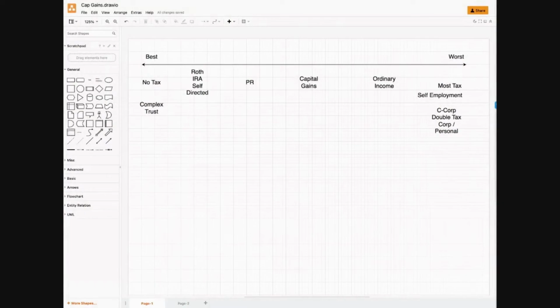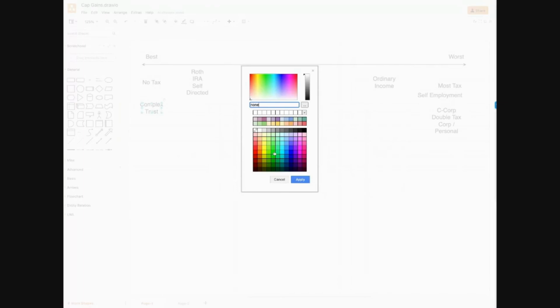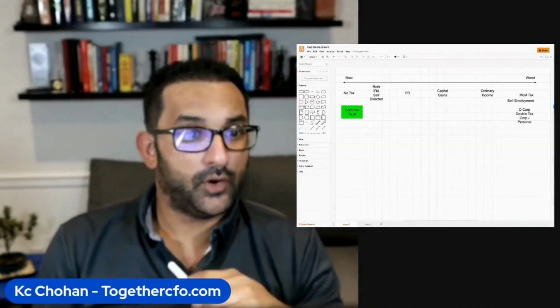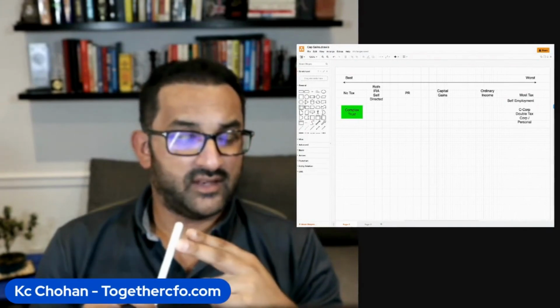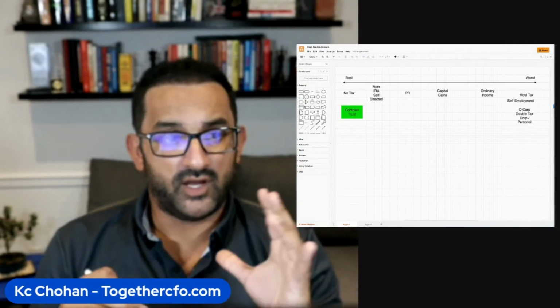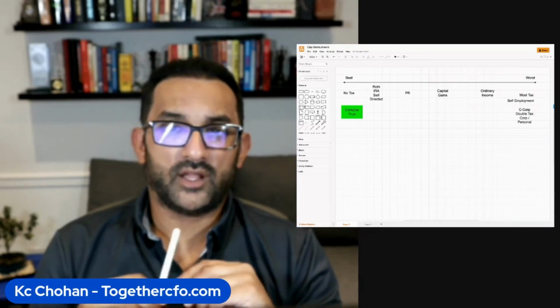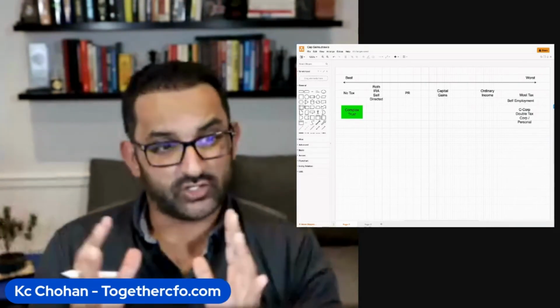There's many different ways in which you can get your taxes down, but with this complex trust, or a good complex trust, when you operate it correctly, that's going to give you the best win, where you can totally mitigate your taxes without having to relocate to Puerto Rico, without having to get a self-directed IRA and either pay that tax up front. But you can control all of that without as many restrictions. And I think that's the key one, is that when you have a complex trust and you're running it correctly, the restrictions go down a lot.